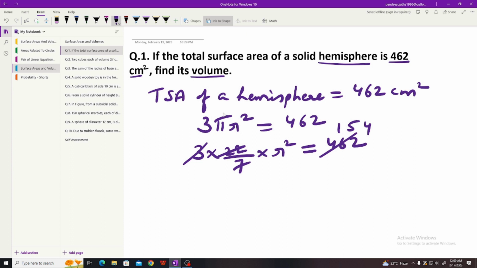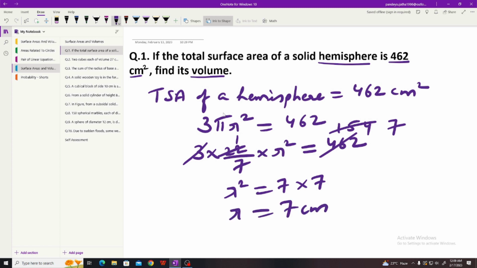So cancel with 22 also. So r square will be equal to 7 into 7. Then r is equal to 7 centimeter. So we get the value of the radius, that is 7 centimeter, and we need to find the volume.